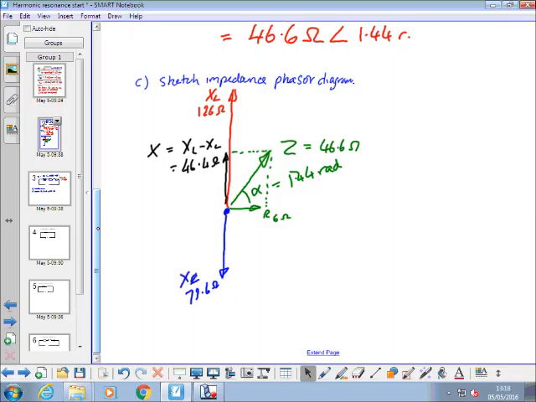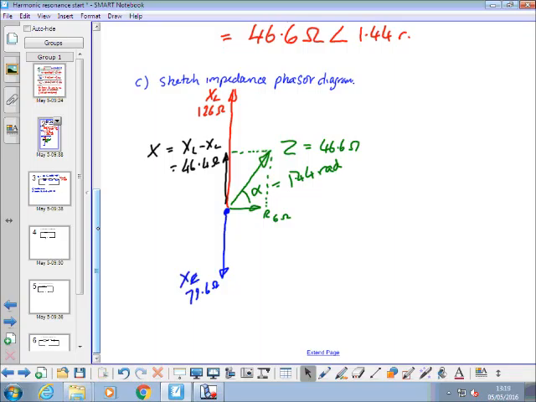You could argue that those two are almost to scale, but then the resistor line would be a tiny little bit. It is much steeper than shown on the diagram, that's why Z is nearly the same as X. The important thing is that you know that XL goes upwards, XC goes downwards. The overall reactance is the difference between the two, and that gives you the impedance phasor at the cross section of those two.